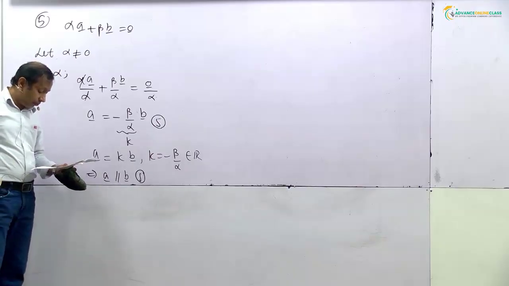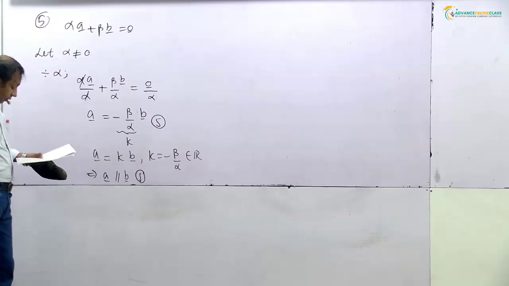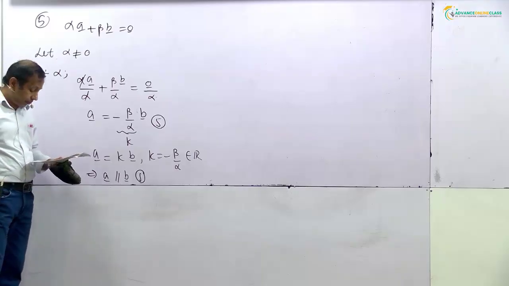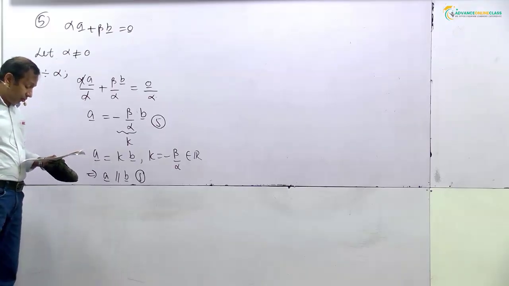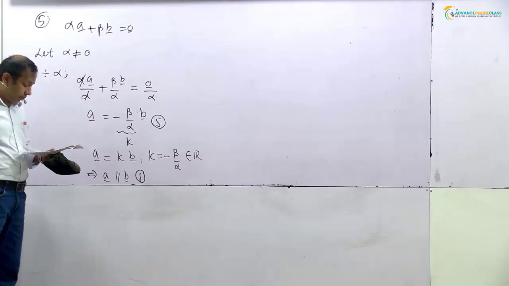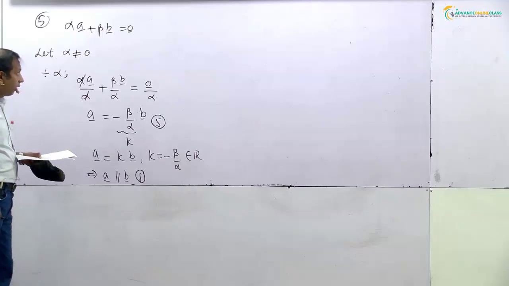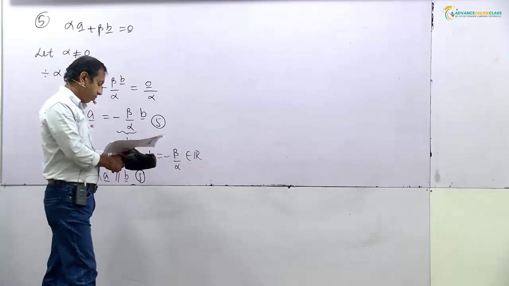After coming here, you must write: this is impossible, because given that vector A and vector B, underline A and B, are non-parallel vectors.